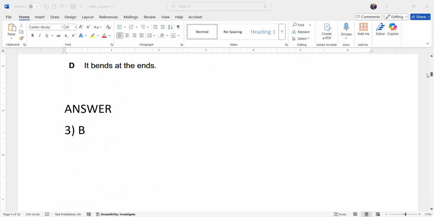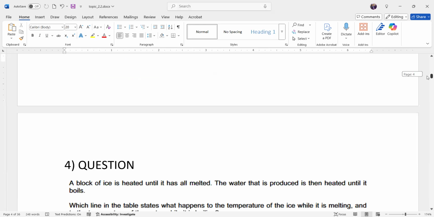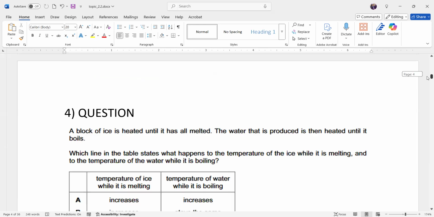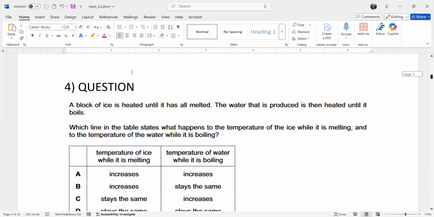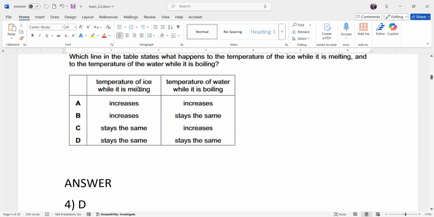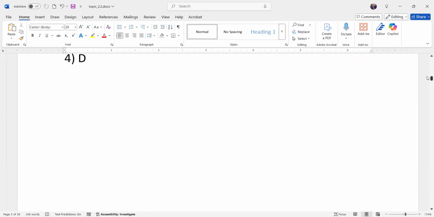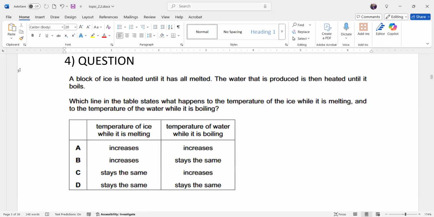Next, we have question 4. So for question 4, you can already see that D is the right answer. Why is D the right answer? A block of ice is heated until it all melts, and the water that is produced is heated until it boils.